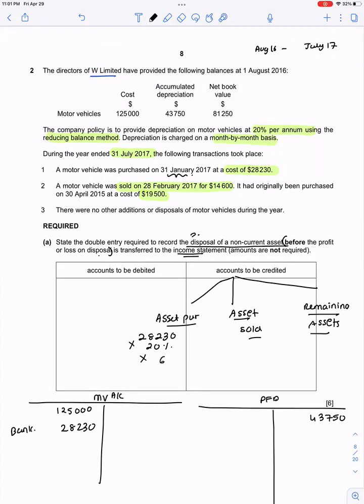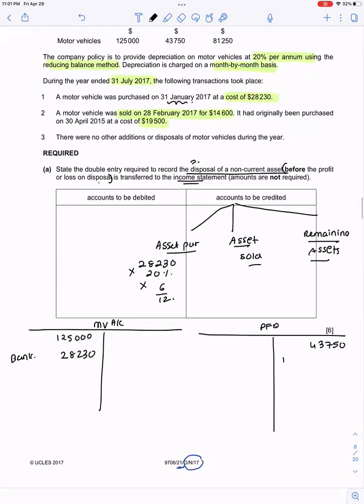Calculate how much it comes to. 28,230 into 20% into 6 divided by 12, so it is 2,823. So this is for the asset that I have purchased. My depreciation is 2,823. Are you with me?